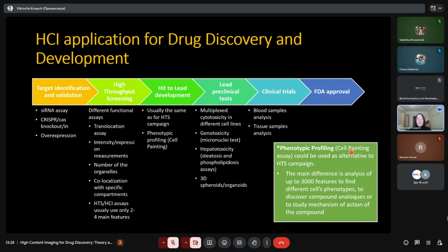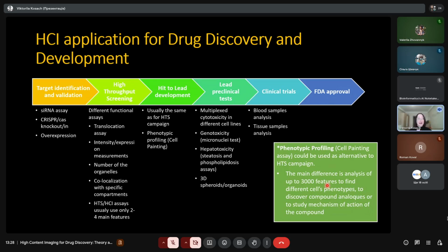This assay is usually much more challenging in data analysis because it collects from 1 to 3,000 features from each cell. After that, you can use machine learning or AI to find different morphological phenotypes inside your experiment.